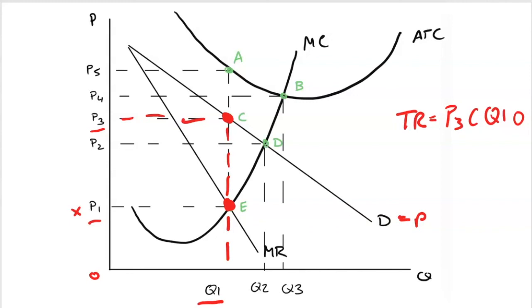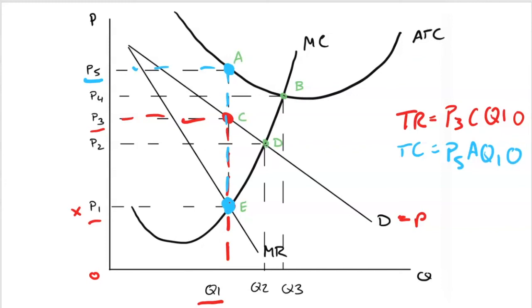Well, what about the area of total cost, right? What is the area of total cost here? Well, here, if we know we want to produce our MR equals MC, right, we go all the way up to our ATC, and so it costs them P5 to produce Q1 units. So our area of total cost is P5, A, Q1, and 0.